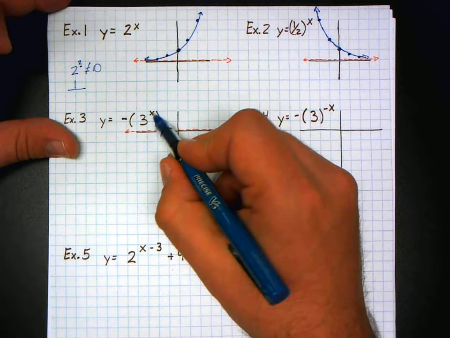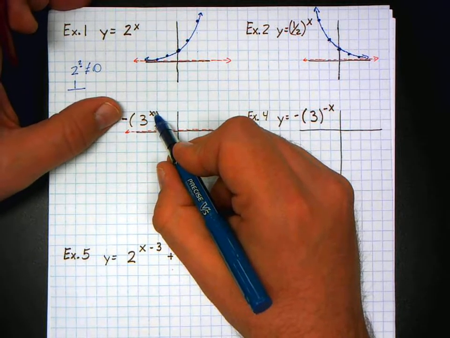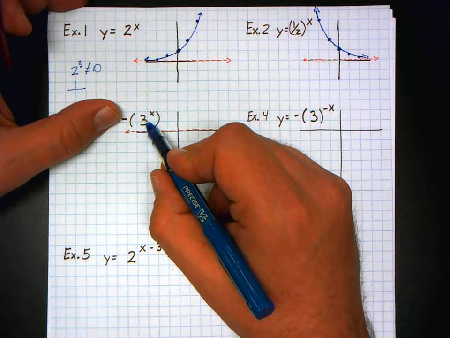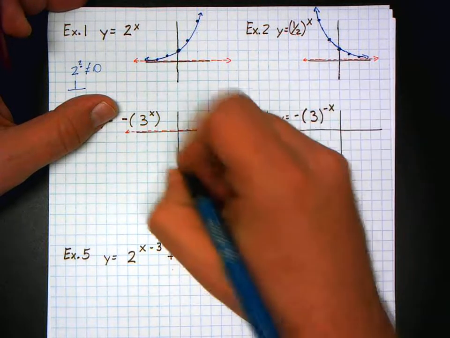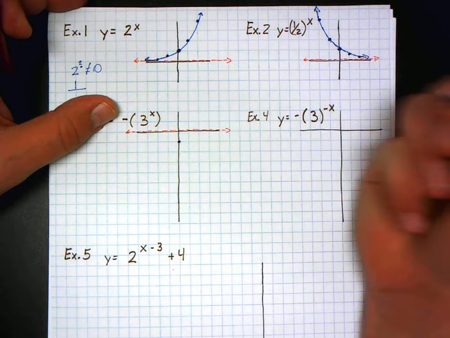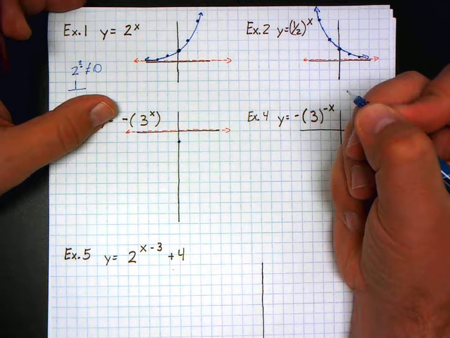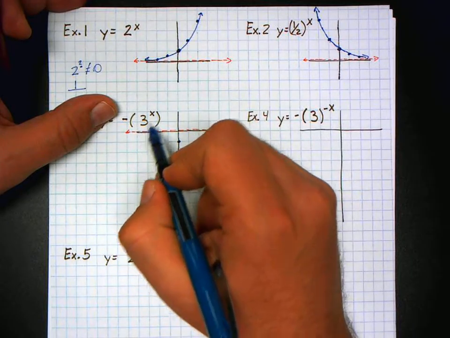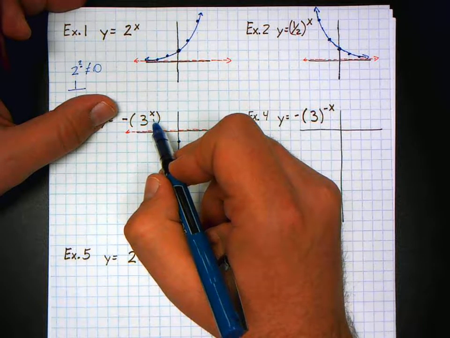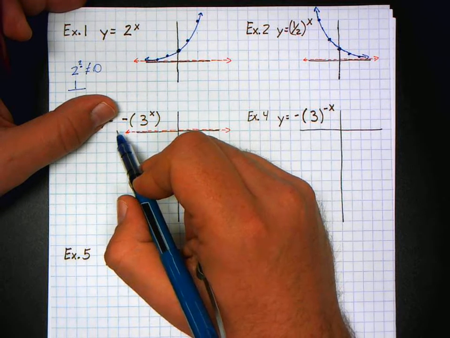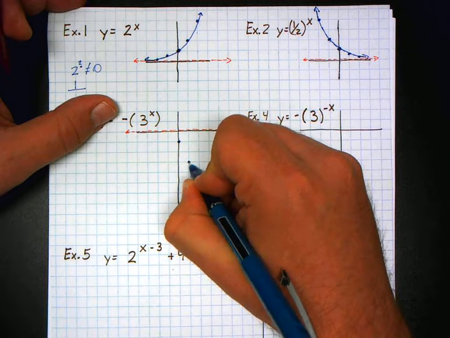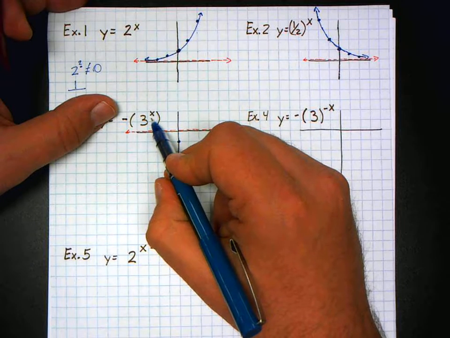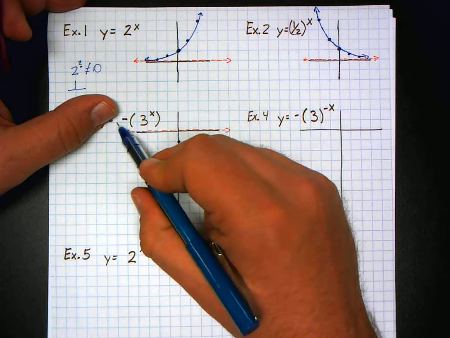Okay, but if I put a 0 in here, I still get 1, correct? But then I take that 1 and I take it times a negative. So that would give me negative 1. Okay, I take 3 to the 1 power, which is 3, and then I make it negative. Okay, if I square it, 3 squared is 9, and then I make it negative.